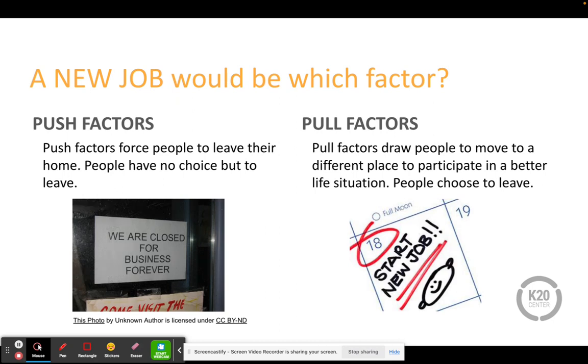But if you got a new job because you wanted to move to a new area, because you wanted to leave Massachusetts because it's too cold in the wintertime, that would be a choice. So it would be a pull factor. So it depends on the situation whether something is a push factor or a pull factor.